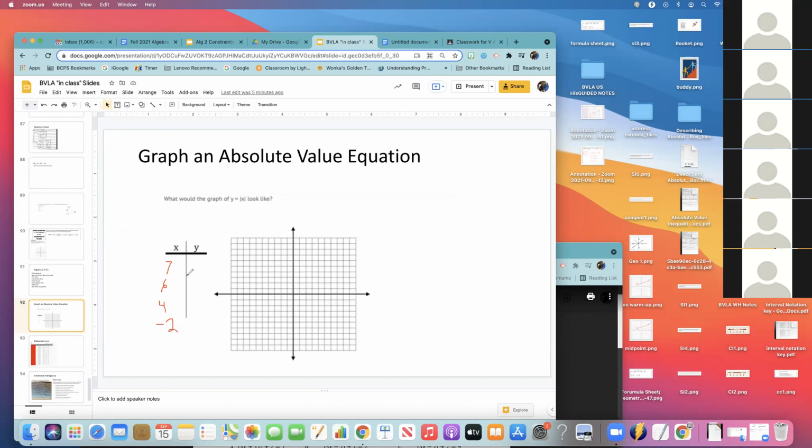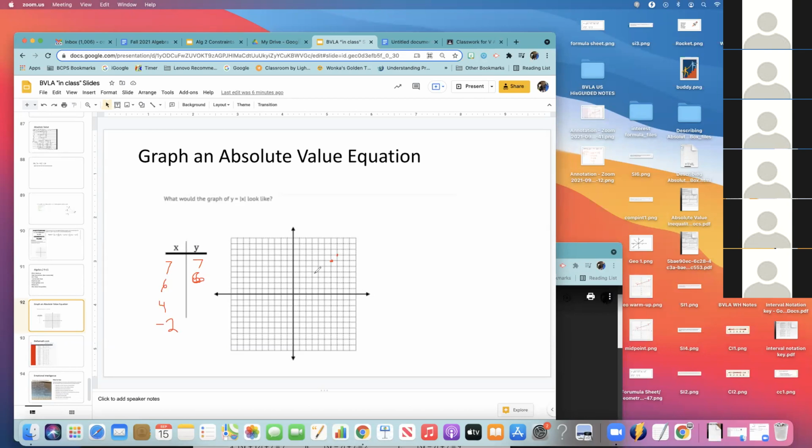Okay, all right, so if you take the absolute value of +7, what is the answer? Well, it's just +7, right? So that might be like up here, 1, 2, 3, 4, 5, 6, 7. And then 6 is just the same thing. The absolute value of +6 is also +6, right?